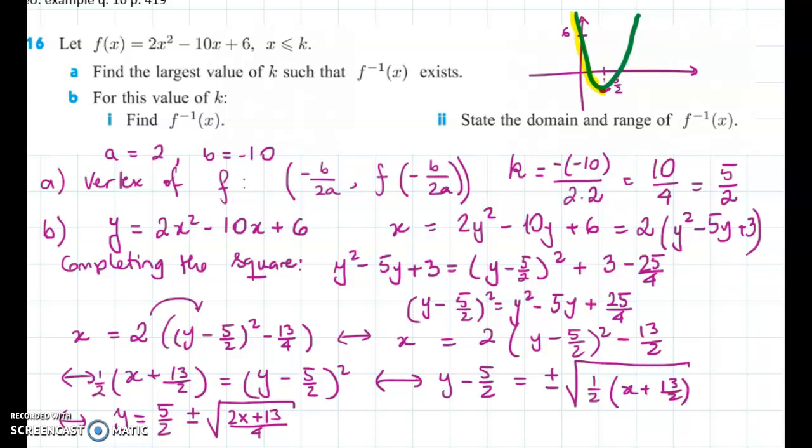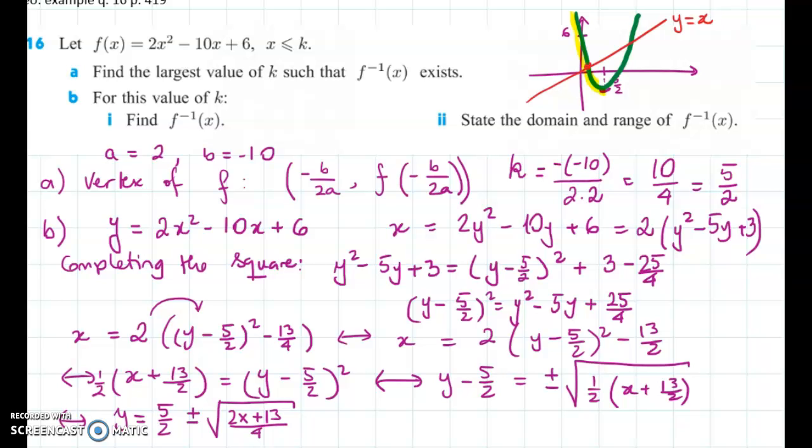And we can imagine the line y equals x. And we can imagine that we take the reflection of our parabola, restricted up to the x-coordinate of the vertex, with respect to the line y equals x. We just need a few points for that.